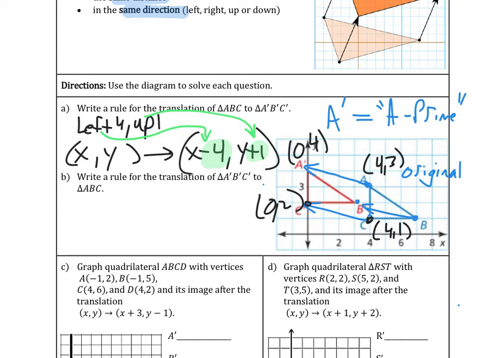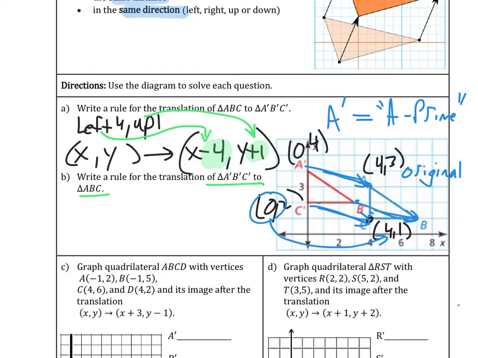Now, if we wanted to switch it around and go the other way, let's go from A prime, B prime, C prime to ABC. So in other words, we're going to take these arrows and switch them around. Well, the only difference is now this x coordinate here of 0 is becoming 4.